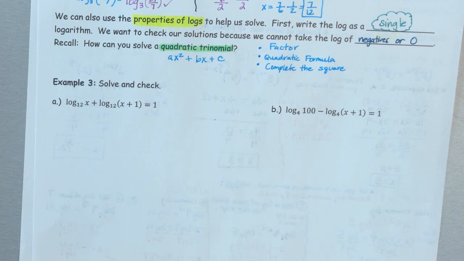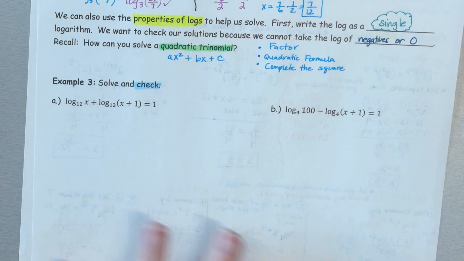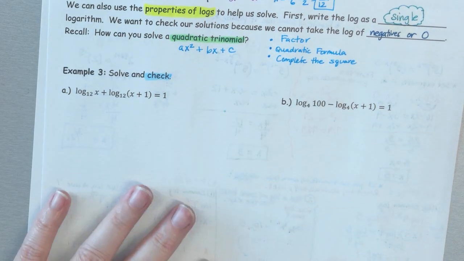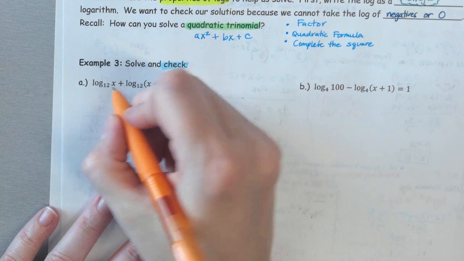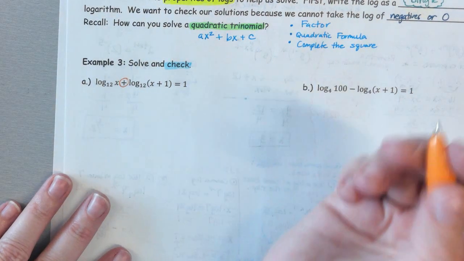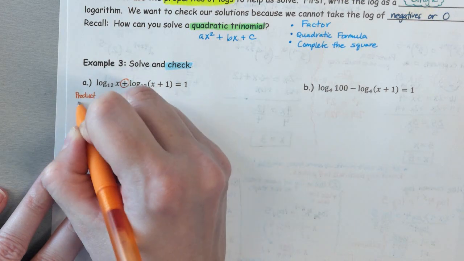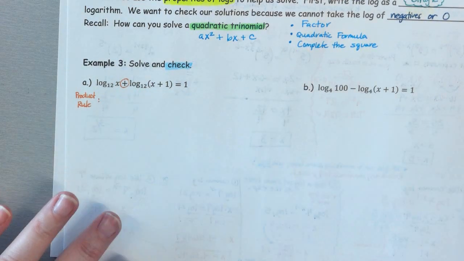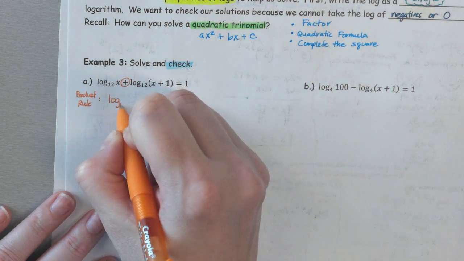All right, so for example 3, this is where the checking is going to be essential. This is where I really want to see you checking them. Yesterday we talked about if you have addition, you can use the product rule to rewrite that. When you are using the product rule, you are going to multiply what the logs are of.